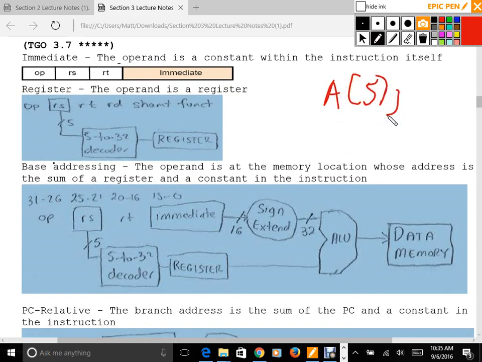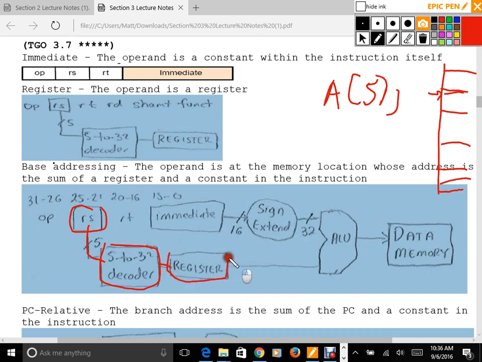We have some sort of block of memory of which this is where A0 is. So we use A1, A2, A3, A4, and A5, right? So register RS, we do our RS value, we go here, 5 to 32 decoder, and we get that value here. This value here is pointing to where A of 0 is. Does that make sense? I know where the beginning of the array is.